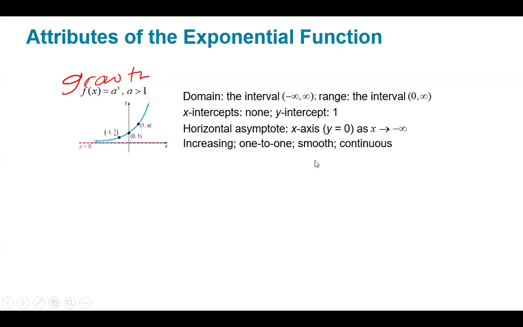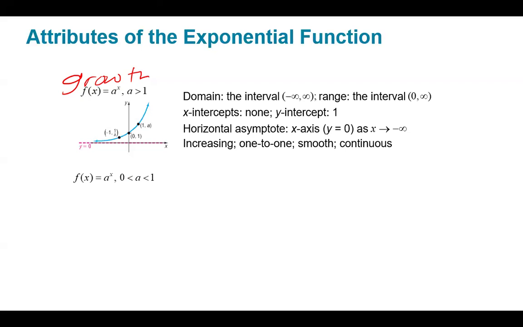All right. It's going to be smooth and continuous. Continuous just means that I can trace it without lifting a finger. All right. Do you think much is going to change if it's less than one? What's going to change? There's only one thing that changes.